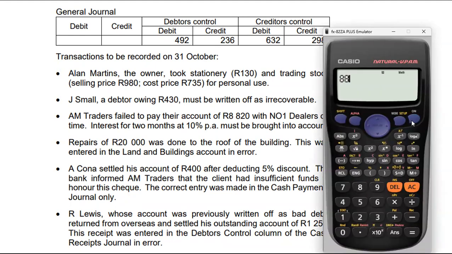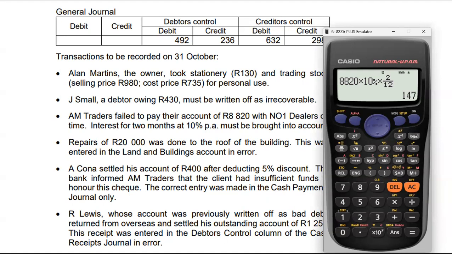You will take 8,820 times 10% times 2 divided by 12. Because that 10% is per annum, that's why we're dividing by 12. It'll give us 147. So that will be interest expense.